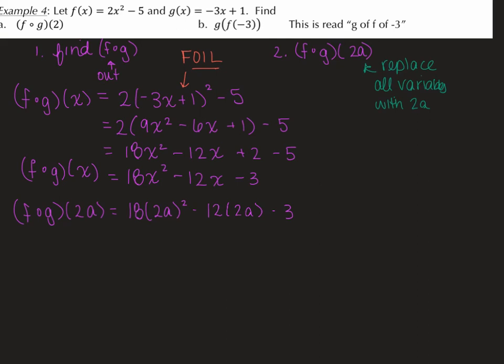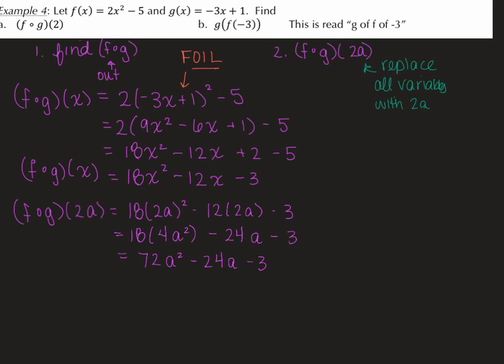So we're going to end up with 18 times 4a squared minus 24a minus 3. And then we just have to do 18 times 4. Okay, so we end up with 72a squared minus 24a minus 3.